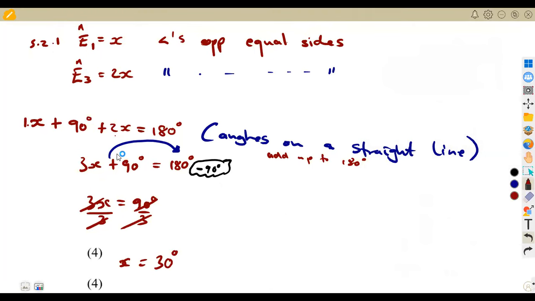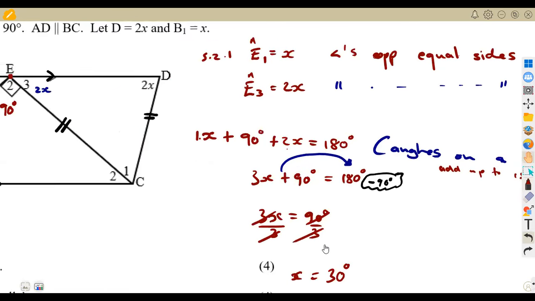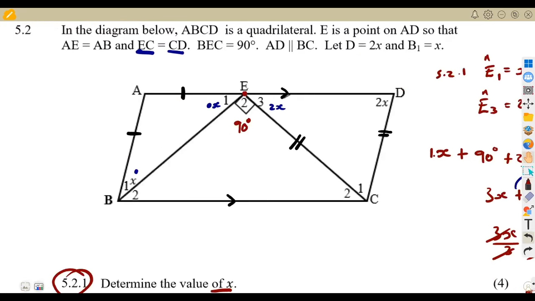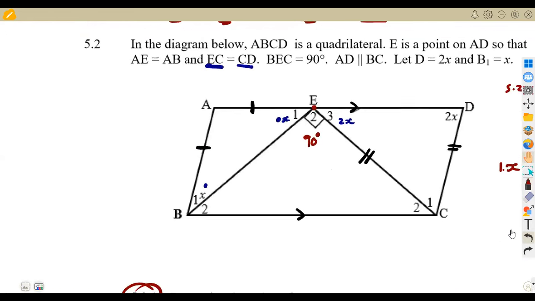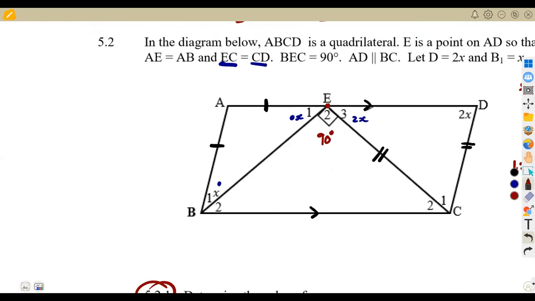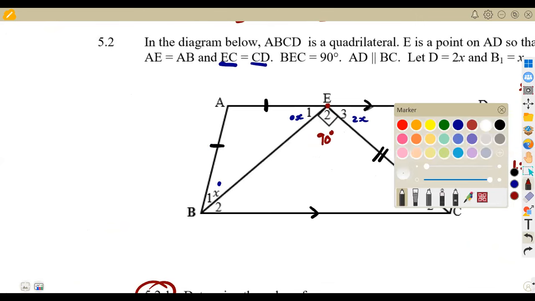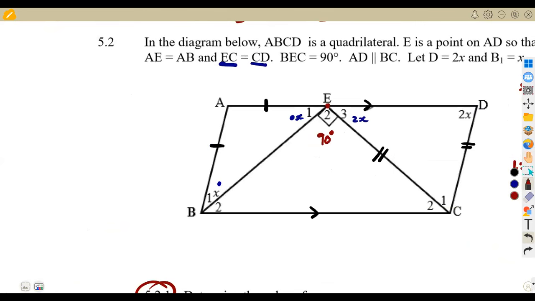With this information that we have, let us bring it onto the diagram. x is equal to 30 degrees, all right? So wherever there's an x here, there's 30 degrees.